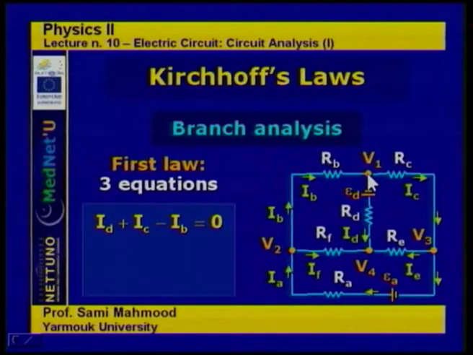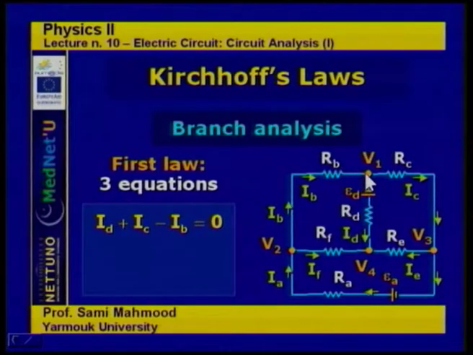If we assume that when the current enters the node it has a negative sign, and when the current leaves the node it has a positive sign, then at this node we will have ID with a plus sign because it's leaving the node, as we assume, plus IC, which has a positive sign because it's leaving the node, and minus IB because IB is entering the node by assumption. And this summation of currents is equal to 0 according to Kirchhoff's first law.